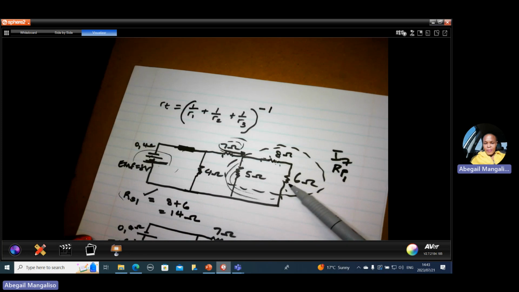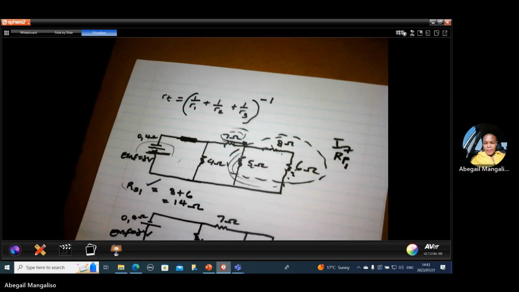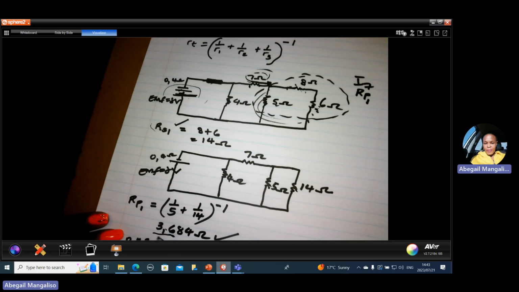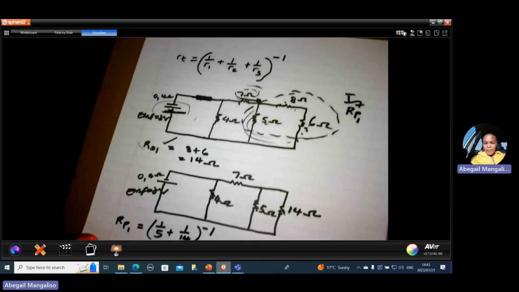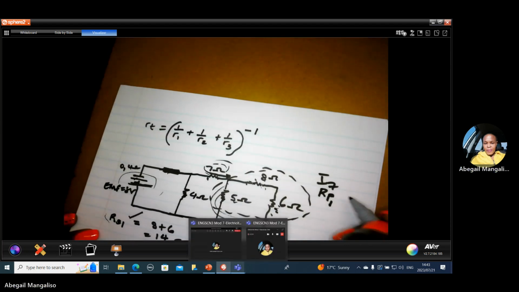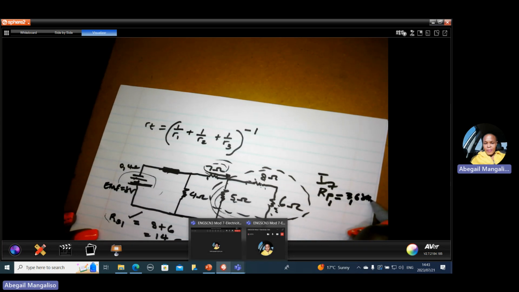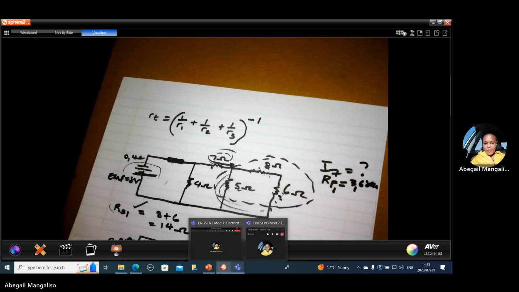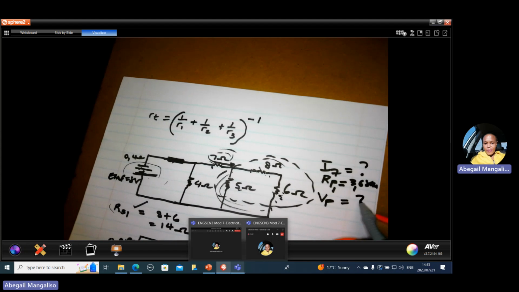Remember, when we add this and this, it was 14. And we use parallel connection to get a total of 3.684. So RP is 3.684, I7 is unknown, then V parallel, which is the voltage across this section, is also unknown.